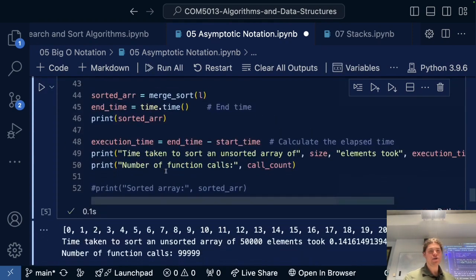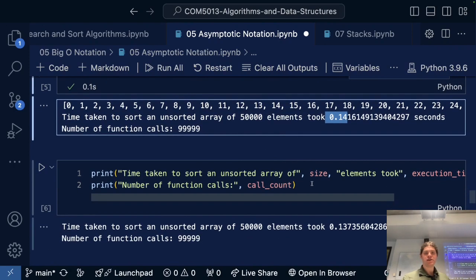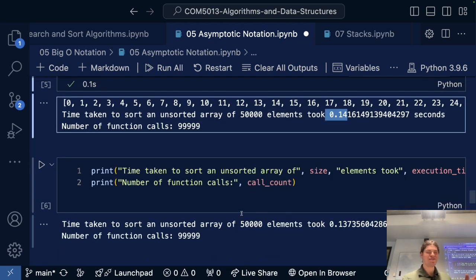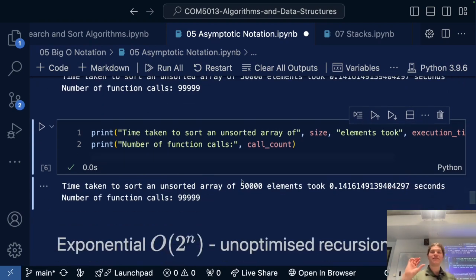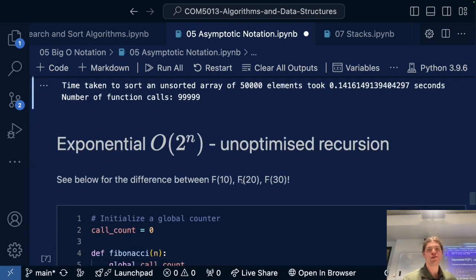Function calls, 999, but to sort an unsorted array of 50,000 took 0.14 seconds. We definitely will do this for a much bigger array in the afternoon. The principle being less time. It does it much more efficiently because of how it's coded.